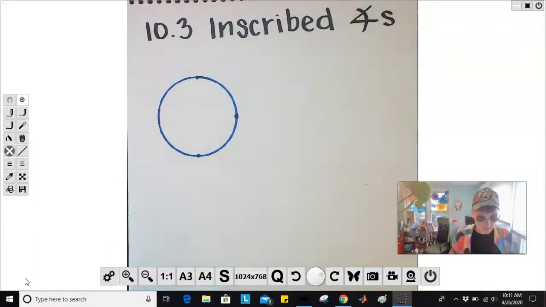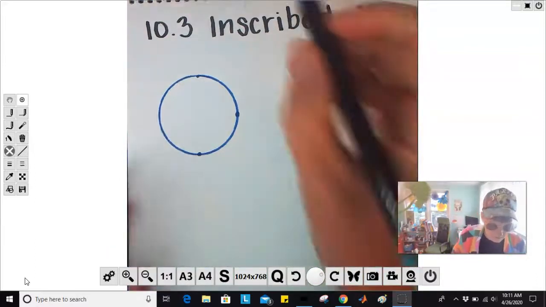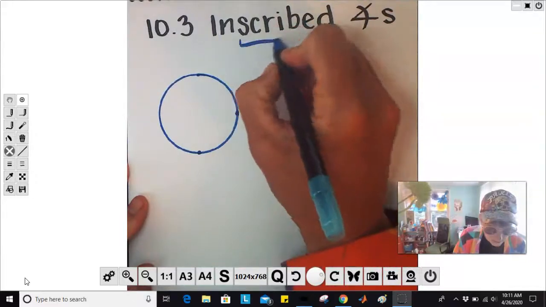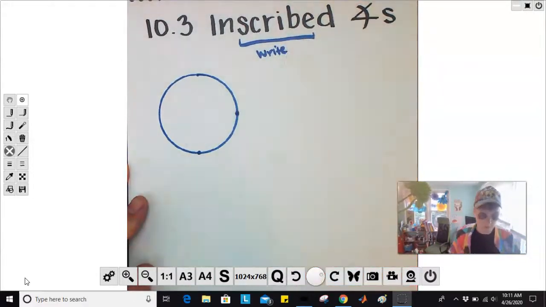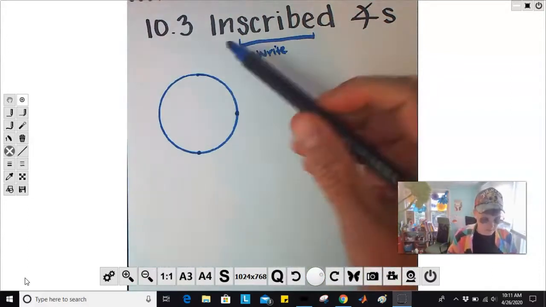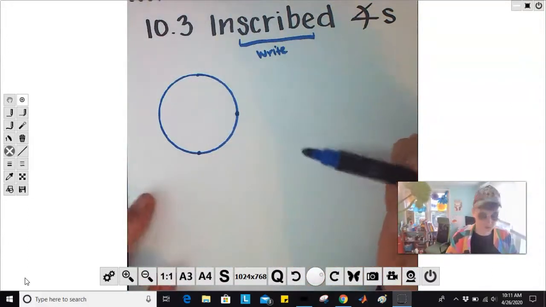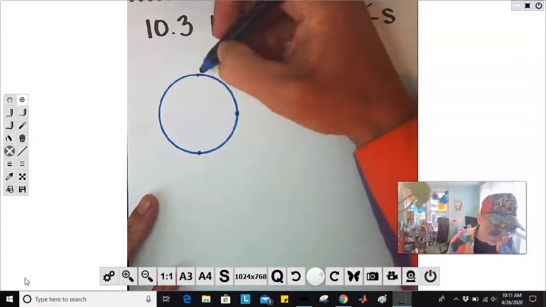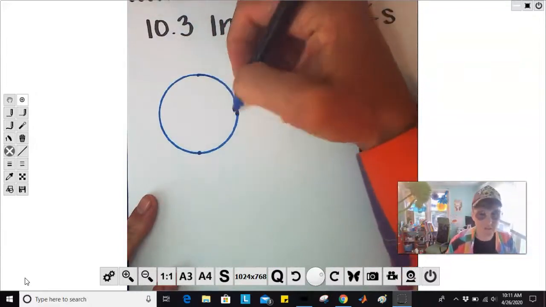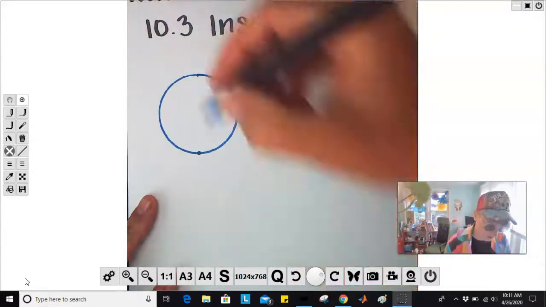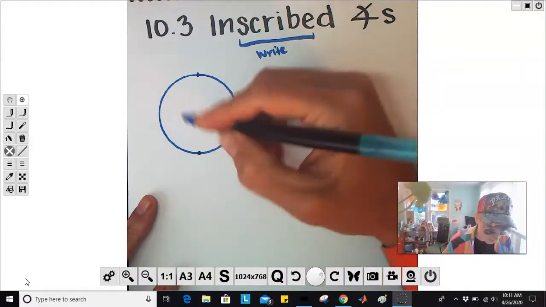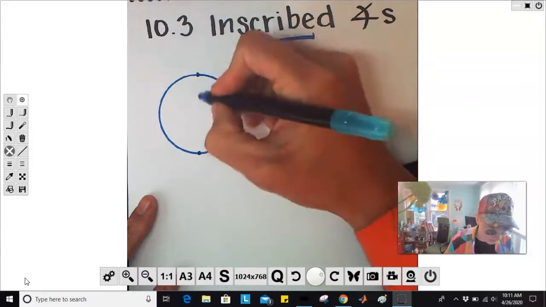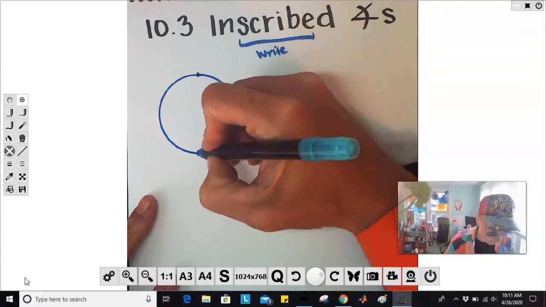Fabulous. Inscribed angles. What does scribe mean? To write. So we're going to write an angle in this circle, meaning the vertex of the angle this time is actually on the circle. So I put these two dots directly across from each other, so this is going to be a diameter of the circle.